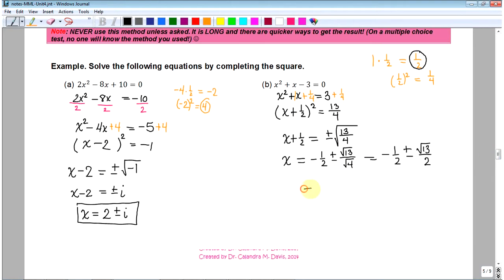Since we have a common denominator, we can combine the numerators: negative 1 plus or minus the square root of 13, all divided by 2. That would be our final answer. Again, do not use the completing the square method unless you're asked, because it's the longest process for solving a quadratic equation.